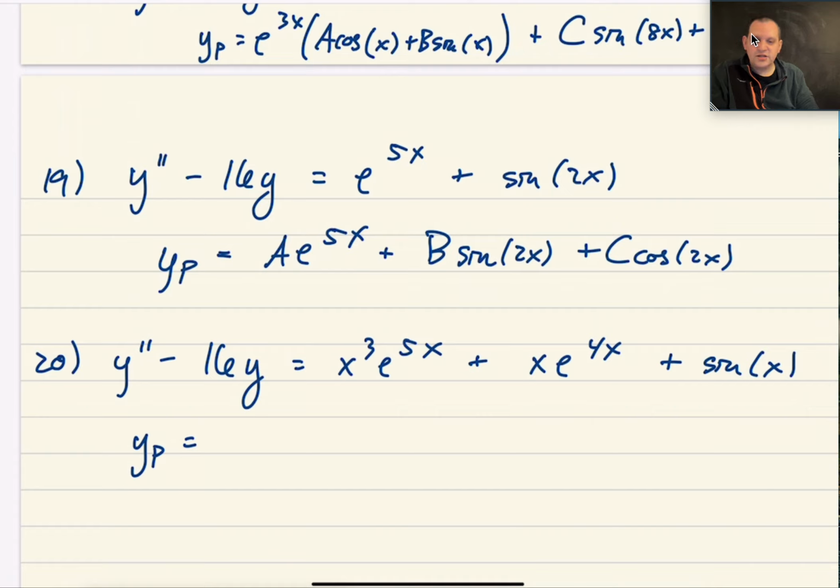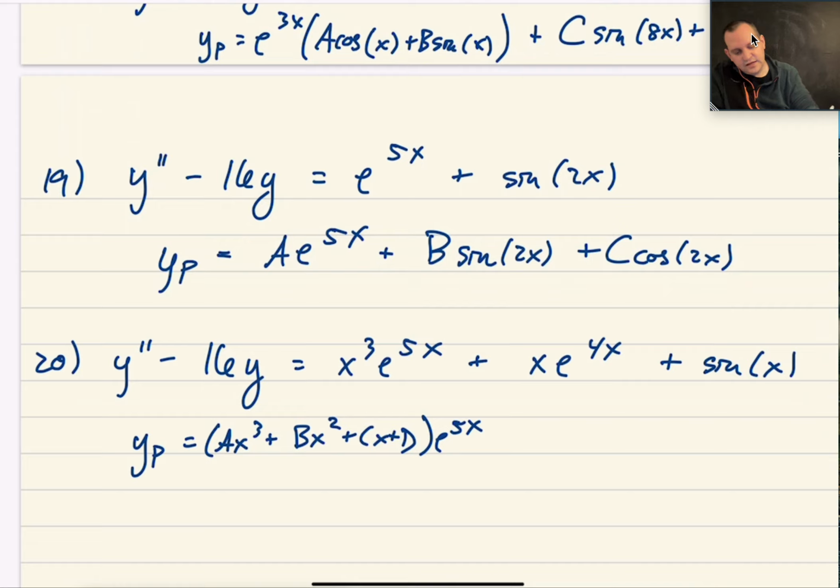So the x cubed e to the 5x is just going to be a general cubic. So ax cubed plus bx squared plus cx plus d times e to the 5x. And that's because 5 is not a root to the characteristic equation of the associated homogeneous equation. On the other hand, 4 is a root. So here we have a linear term. So we're going to have, we'll call it, ex plus f e to the 4x.